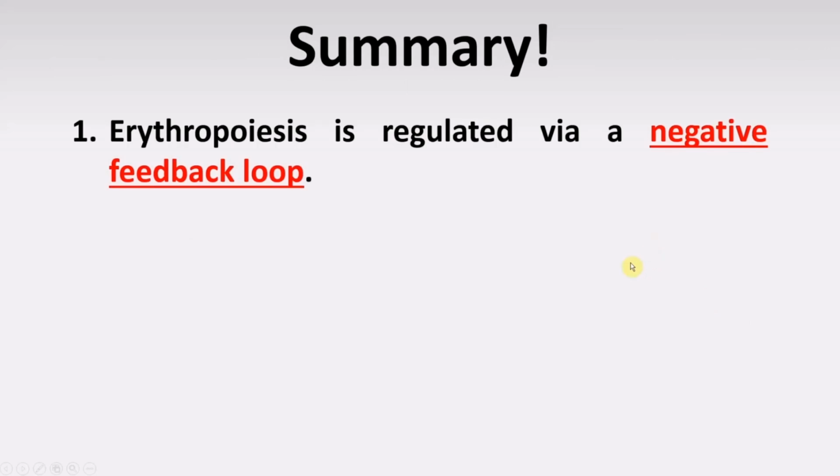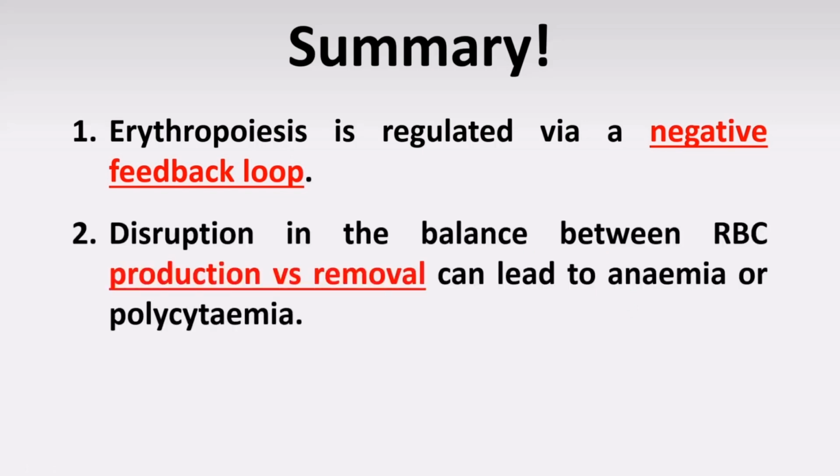Now, in summary, what we have learned from this recorded session, number one would be the process of erythropoiesis and how it is regulated through a negative feedback loop. Number two is that if this regulation is disrupted, right, the production or the removal of red blood cells would be disrupted, and when this happens, either anemia or polycythemia will happen.